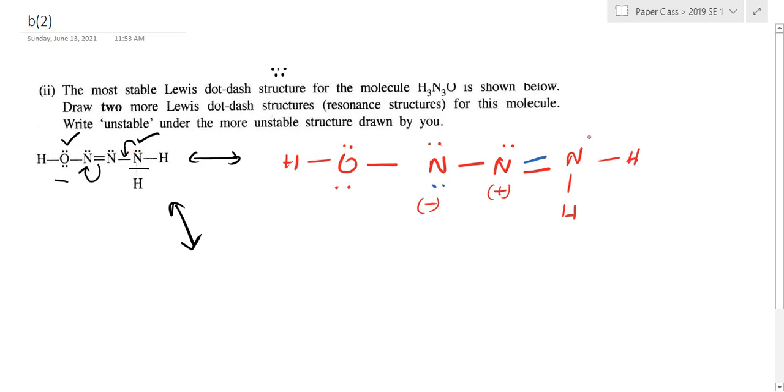Hence this should be plus and this minus, but I told you, after drawing this, when the same atom contains different charges, cancel them, plus minus, cut off. Now this is the correct one, and finally you can erase this also. Erase this. Now this is the correct answer.